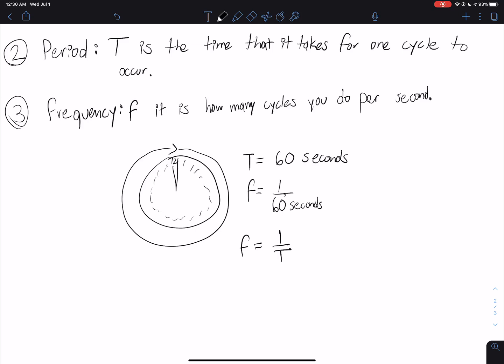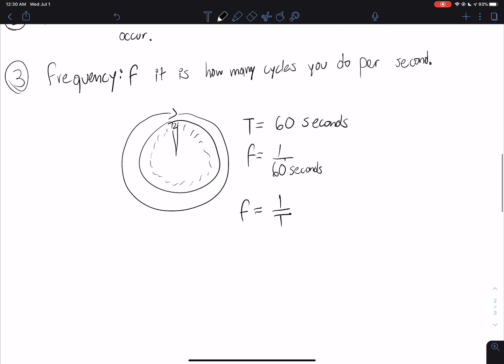So for example, what is the period and the frequency of the minute hand?